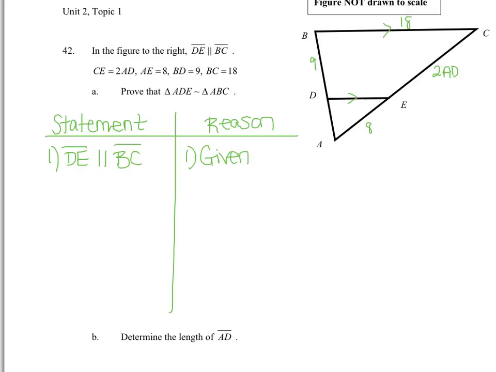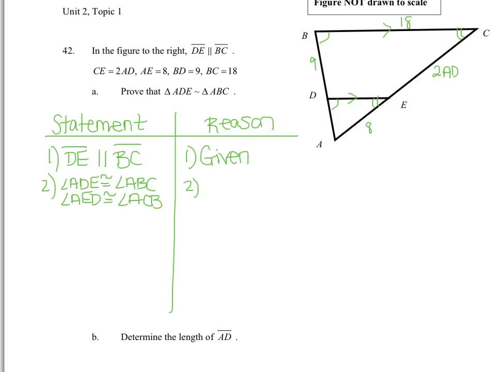Since I know that these two lines are parallel, I know that this angle is going to be congruent to this angle, and I know that this angle is going to be congruent to this angle because they are both corresponding angles. So we have angle ADE is congruent to angle ABC, and angle AED is congruent to angle ACB.